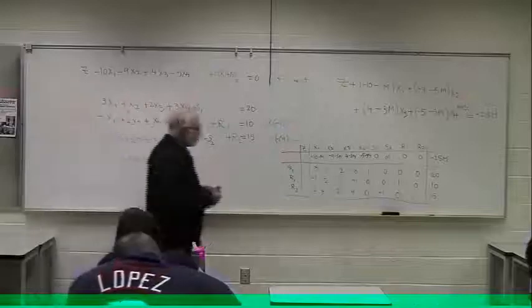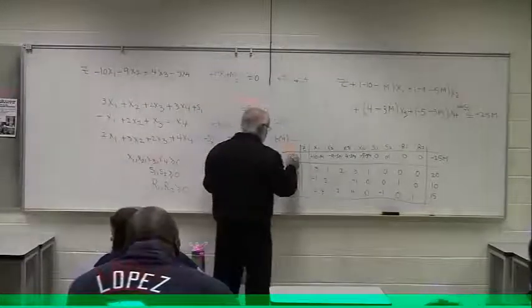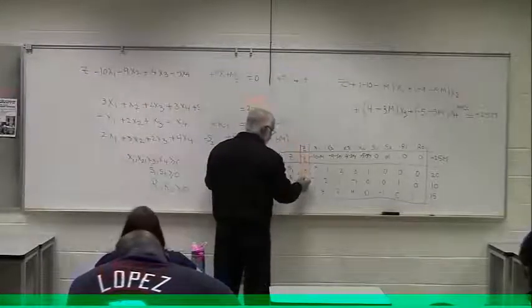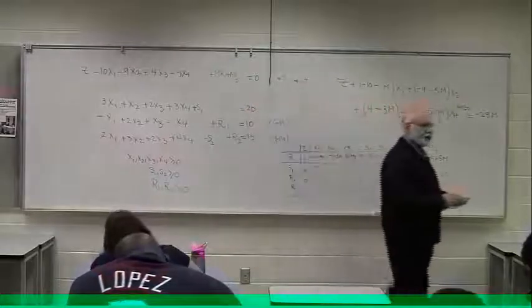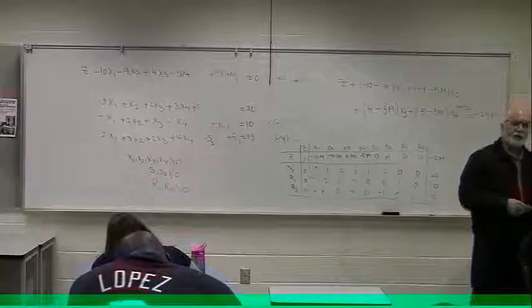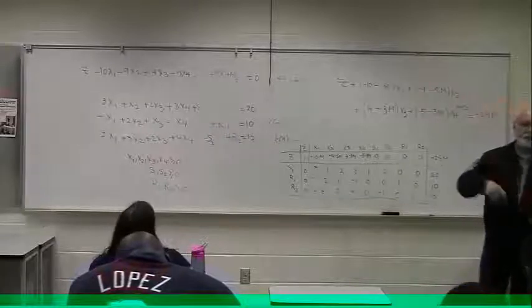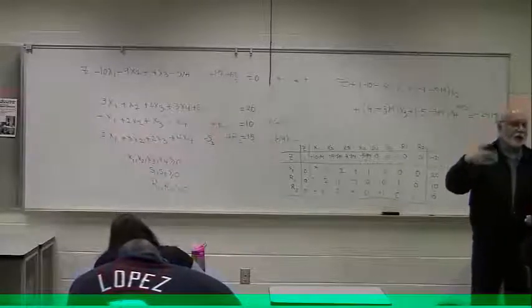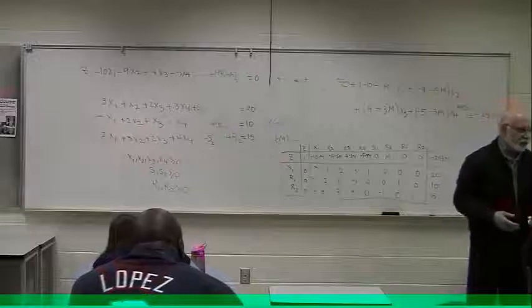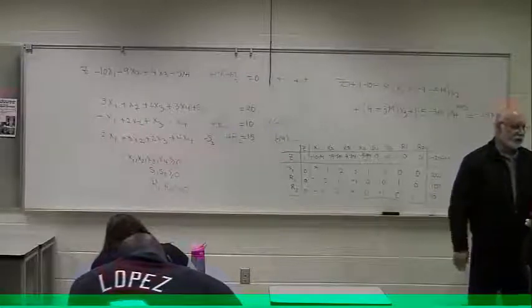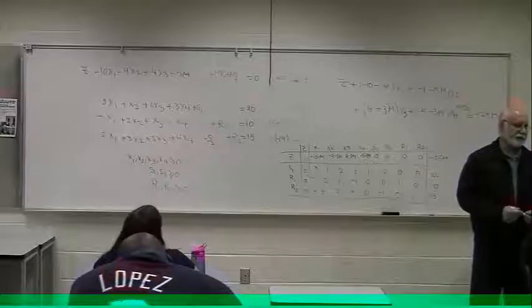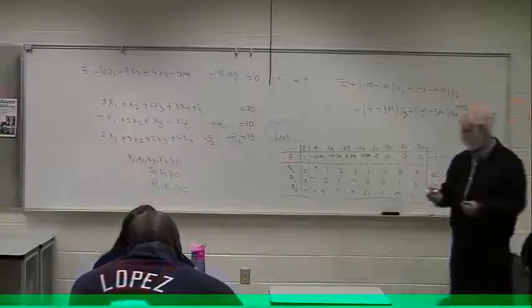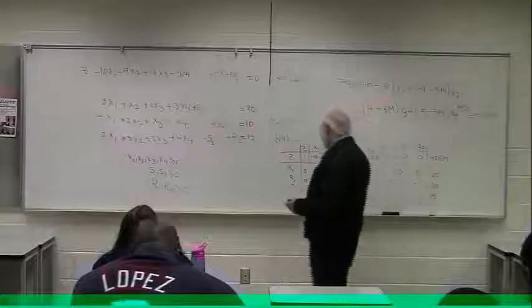So this is the Tableau that we will start our first iteration with. Same things that we wrote underneath the other Tableau. What is the first thing that we write? Solution. We say the solution.